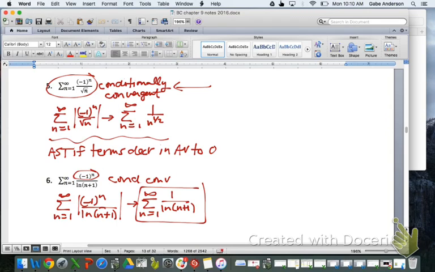I would do a comparison test. I haven't actually worked the numbers through here to be sure that I have the exact right numbers, but the sum from 1 to infinity of 1 over n diverges, right?